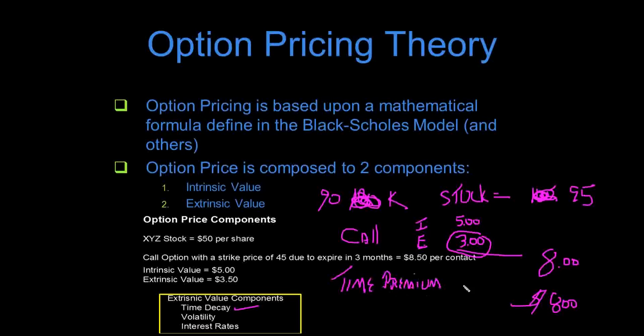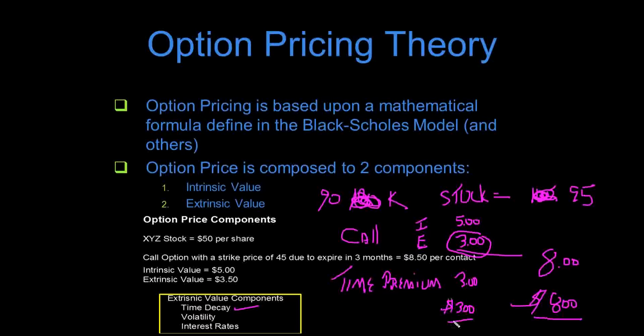They'll say the time premium of this contract is $3, or $300 per $800. So they'll say one option contract costs you $800, and for every contract you're paying $300 in time premium.